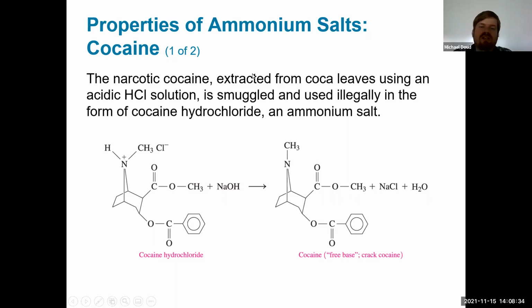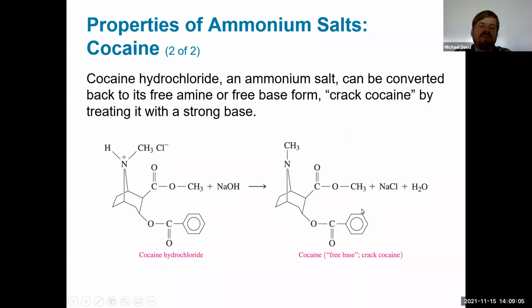You can extract cocaine from coca leaves using an acidic solution, and that gives the white powder cocaine that you think of. Now, the thing is that cocaine as a white powder is not as strong as it is when it's just a free base. Basically this can be more active than the cocaine salt itself. Sorry, it's a little confusing because there's no difference in the name here. It's both cocaine hydrochloride and cocaine, which is the free base, crack cocaine.